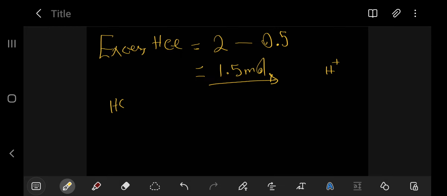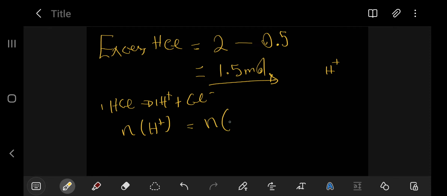But we do know that hydrochloric acid is monoprotic, so it can only produce 1 hydrogen ion, right? So the ratio is 1:1. So the number of moles of the hydrogen ion will be equal to the number of moles of HCl, right? So the number of moles of the hydrogen ion is equal to 1.5.